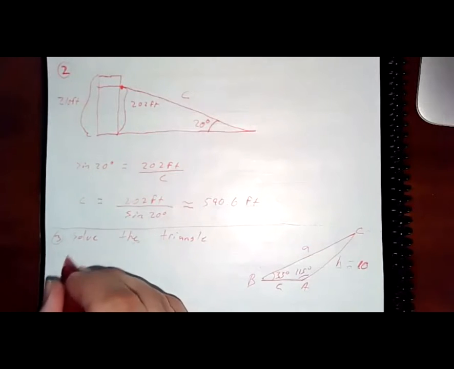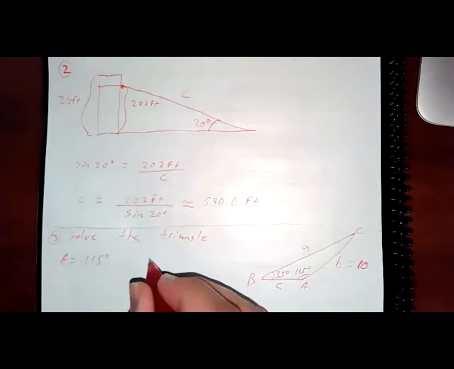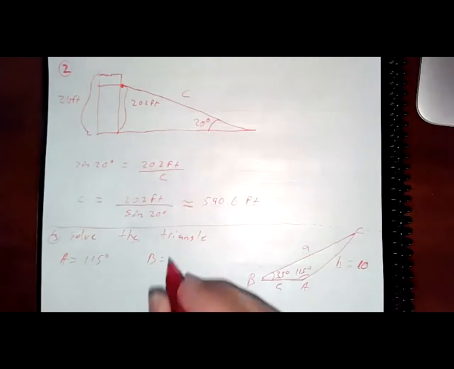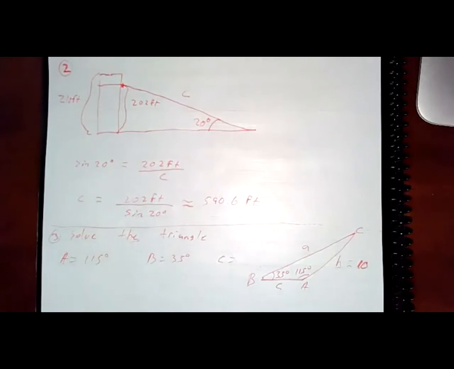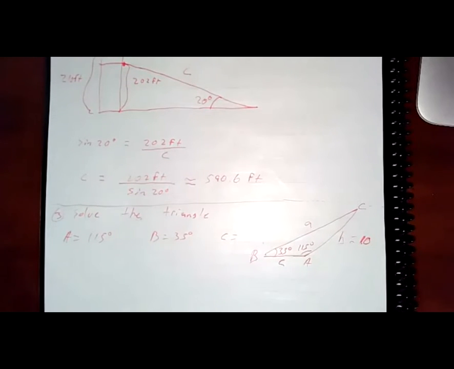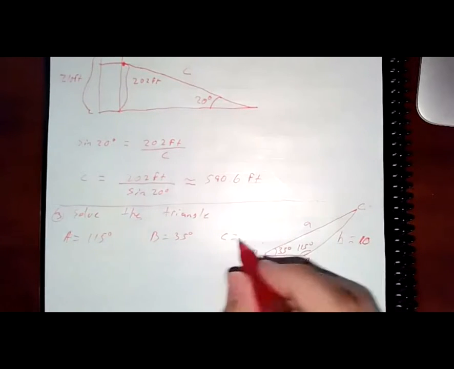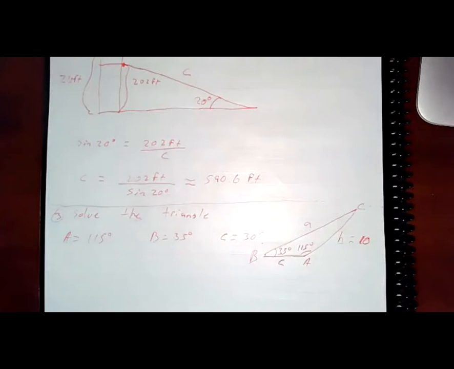Okay, so let me write down the stuff that I do know. Capital A is 115. Capital B is 35. Having those 2 angles, what must C be? Capital C is 30. Yes.